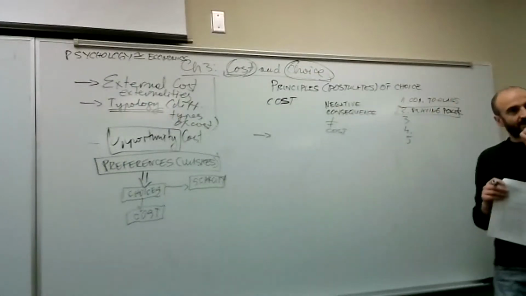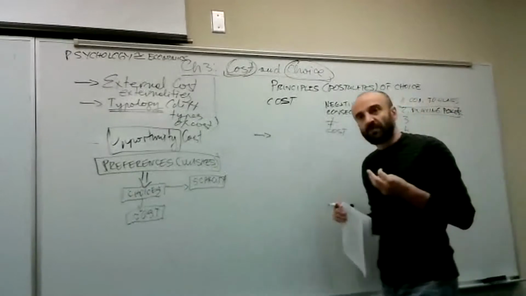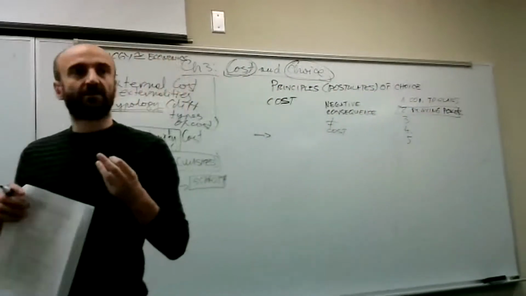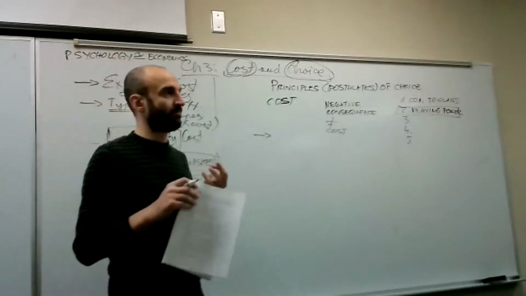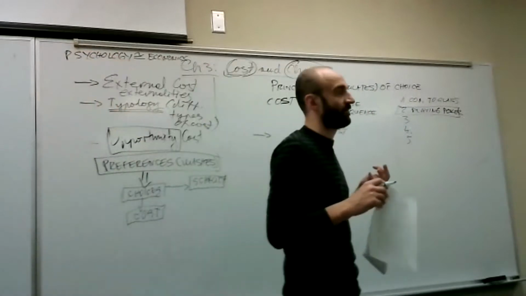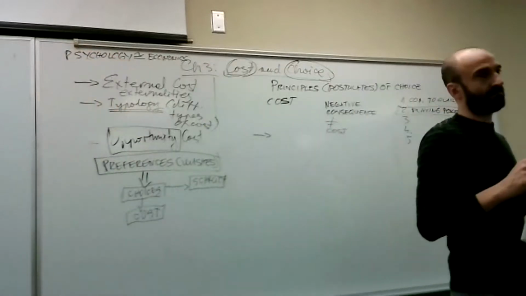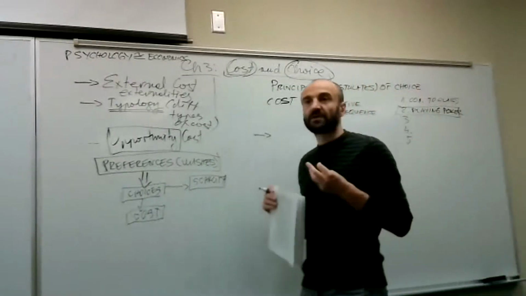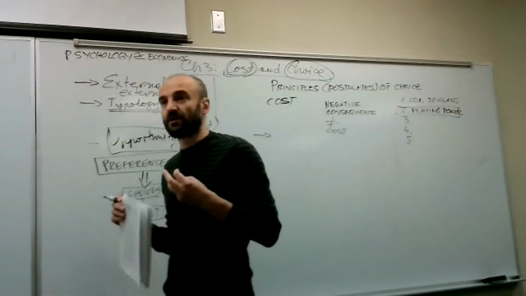However, sometimes by making our choices, we can inflict costs on other people without compensating them for that. These types of situations are called externalities, or external costs.